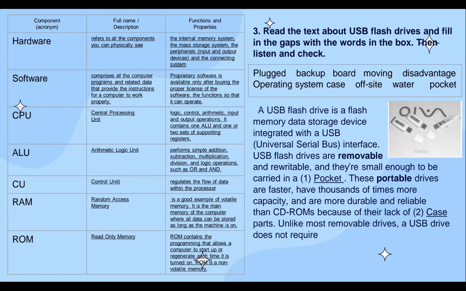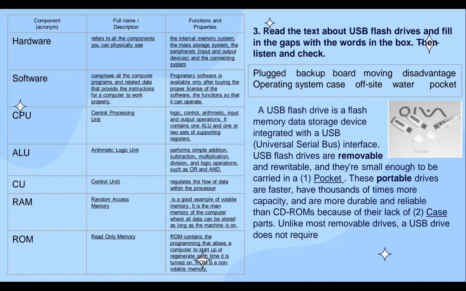And number 5 is CU. Full name is control unit. The function regulates the flow of data within the processor. And number 6 is RAM. Full name is random access memory. The function: it's a good example of volatile memory.